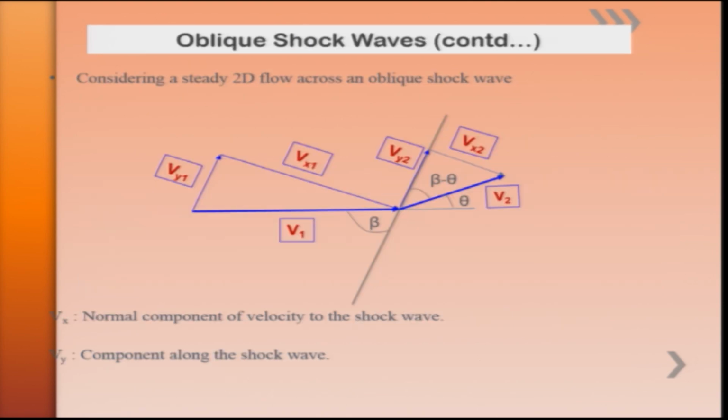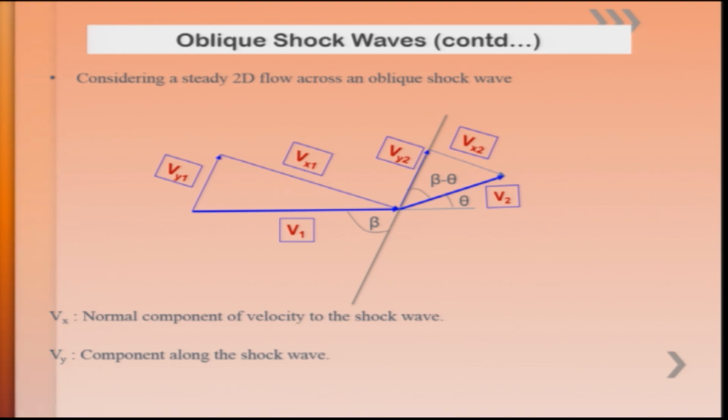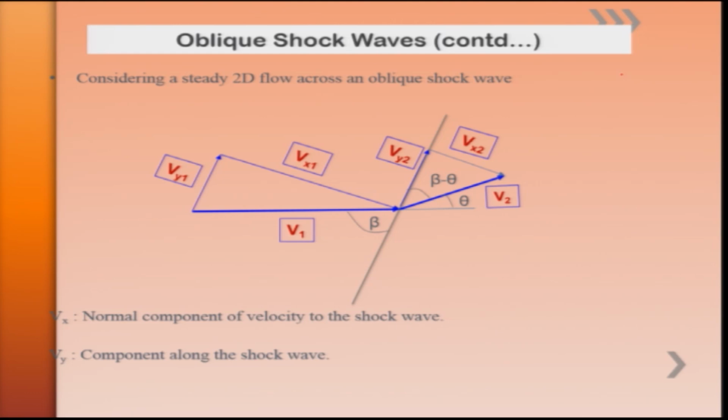Now let us deal with this oblique shock wave. So far, P2 by P1, T2 by T1 or rho 2 by rho 1, all these static thermodynamic property ratios we have evolved assuming the normal shock is perpendicular to the upstream direction.